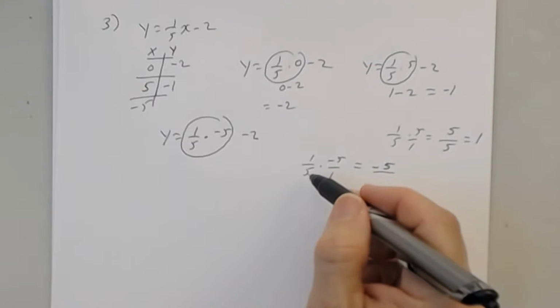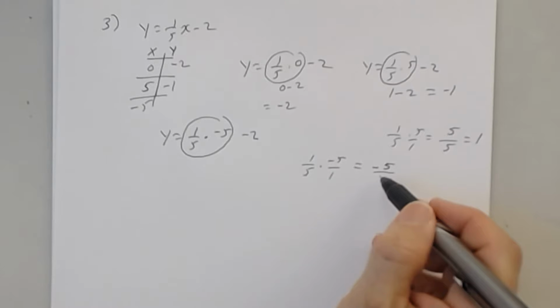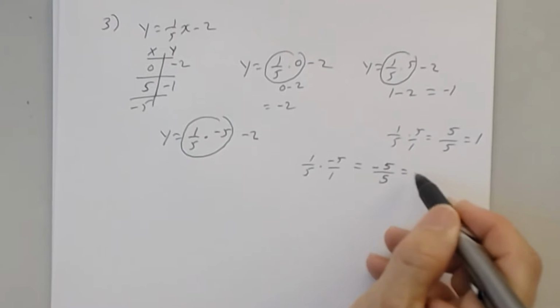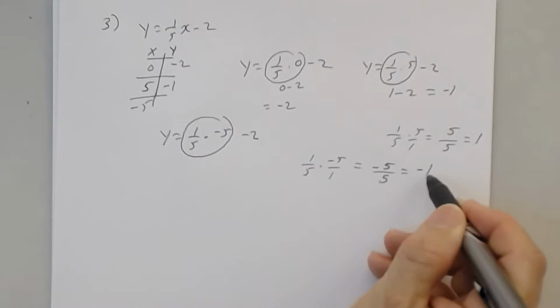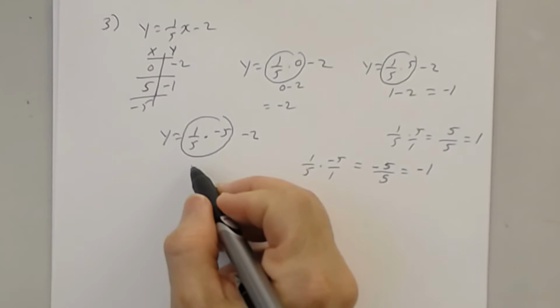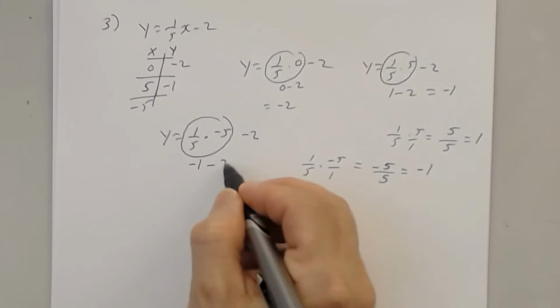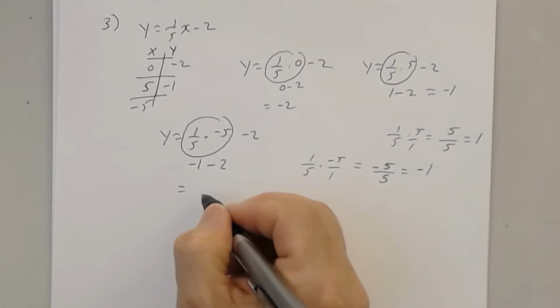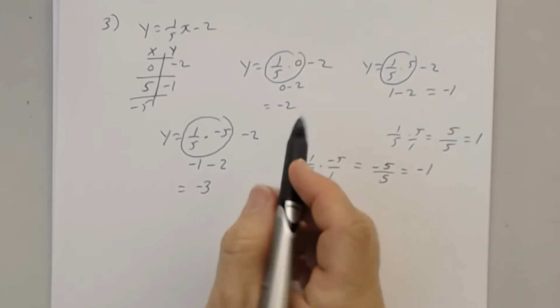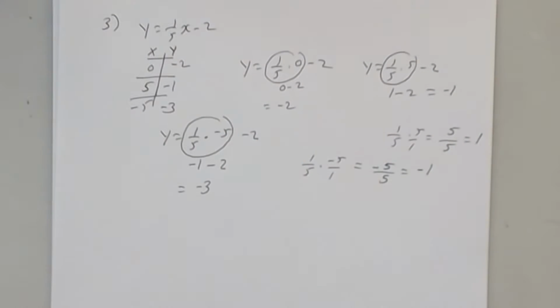Negative 5. The denominators, what's a positive 5 times a positive 1? 5. So what do I get? Negative 1. Now this time, though, that's a negative 1 subtract 2. What's negative 1 subtract 2? Negative 3. So it's like saying a negative 1 plus a negative 2 is a negative 3.